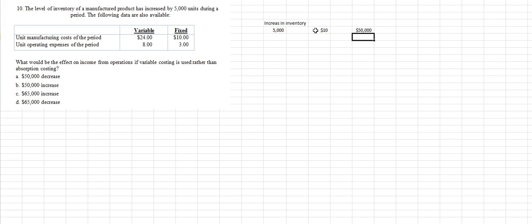Let's see if that's the question. I don't know if that's the question. So if I put 50,000 in inventory, I know that absorption costing is going to be greater than variable costing by $50,000 as far as operating income goes. But I don't really know if that's the question yet. Let me complete the question.